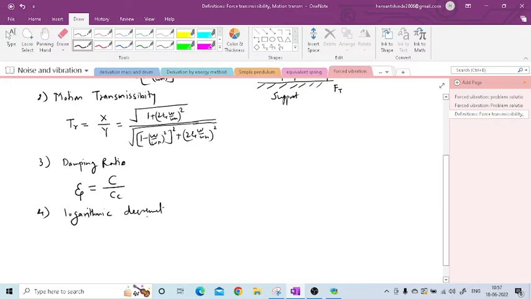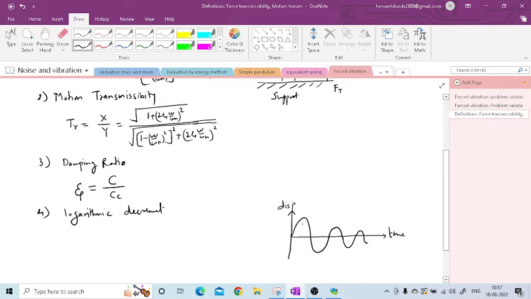In the earlier videos I have uploaded the derivation of logarithmic decrement, and in that derivation we determined the logarithmic decrement for an underdamped system. So suppose this is the graph of displacement with respect to time for one system.